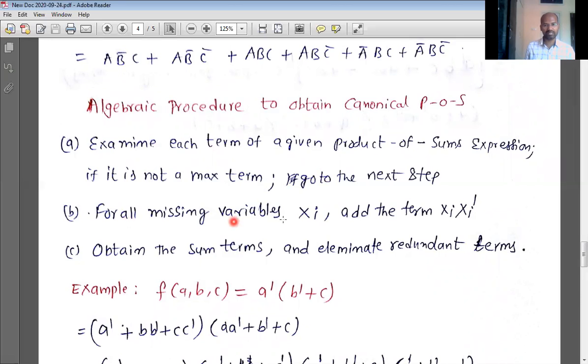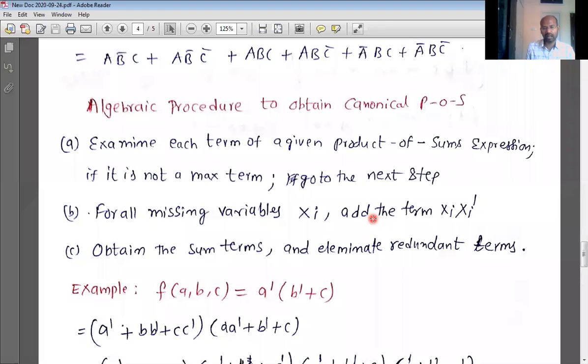For all missing variables xi, add the term xi into xi bar. Xi into xi bar is 0. If xi is 1, xi bar is 0, and 1 into 0 is 0. So we are adding 0 to the term in which any literal is missing.